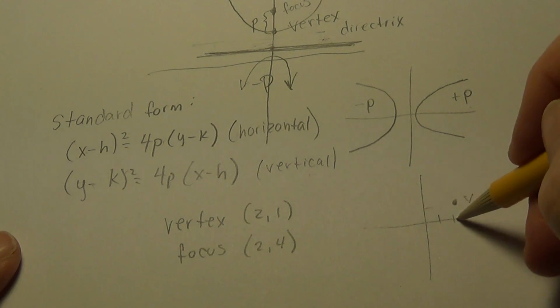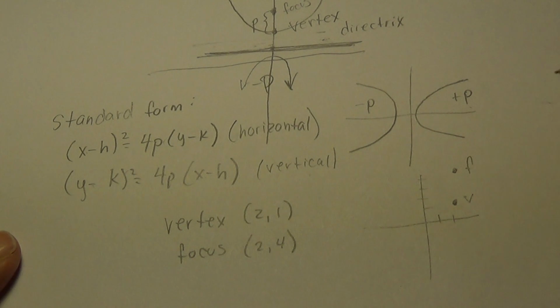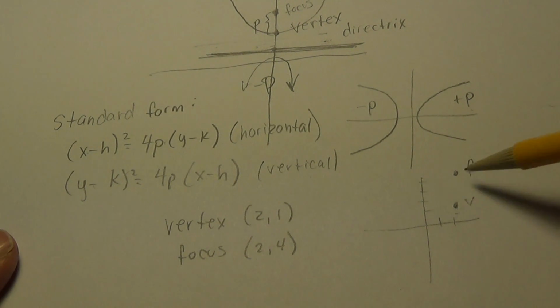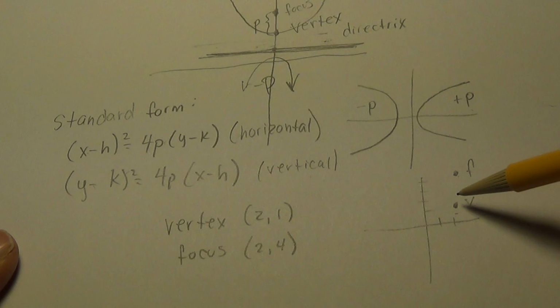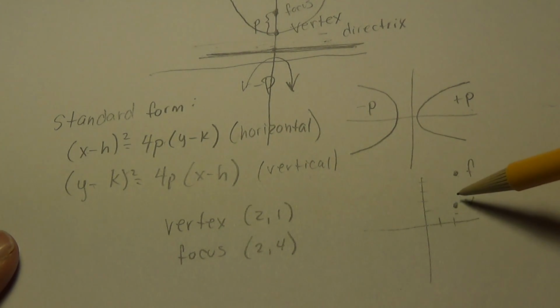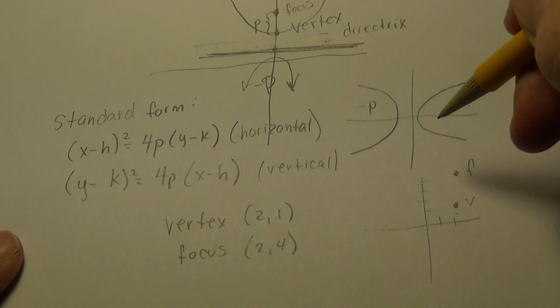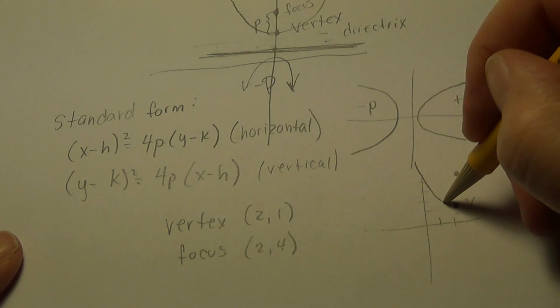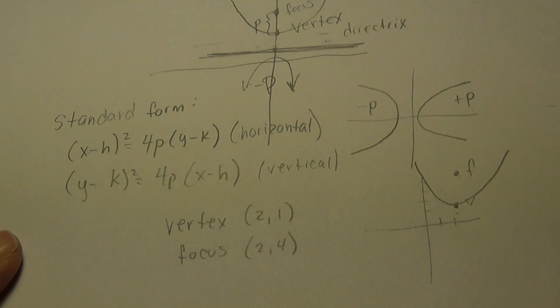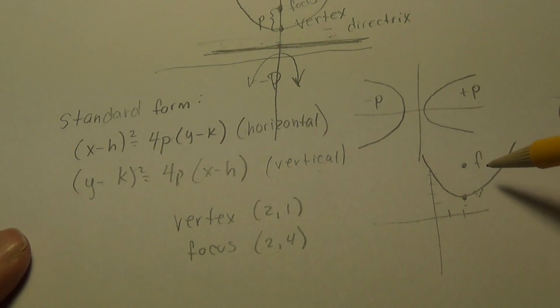And then we're going to go over 2 and up 4 to find the focus. The parabola has the most extreme point on the vertex, and the parabola also envelops or protects the focus. So we must have a parabola that is vertical opening upward, because that's the only way I can draw that. So it goes through my vertex and it envelops, protects, guards, shields the focus.